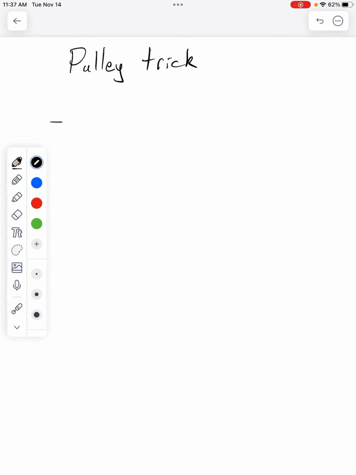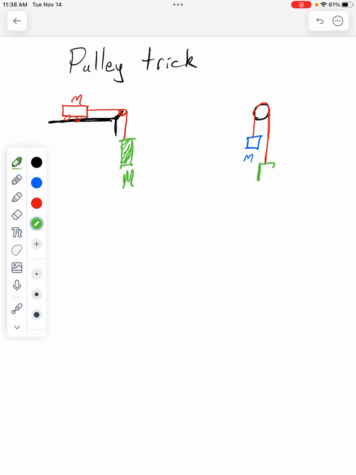Okay, in the last couple of problems, we've looked at two interacting object scenarios. One was the modified Atwood's machine, where we had a mass little m being pulled with a rope over a pulley by a mass big M. And we had a very similar scenario of two masses with a pulley, little m and big M. Same basic scenario.